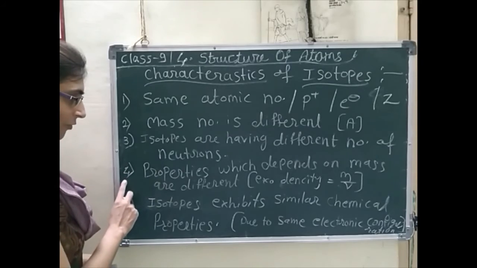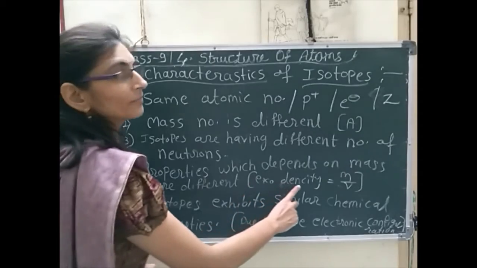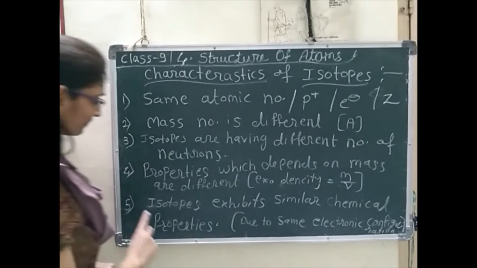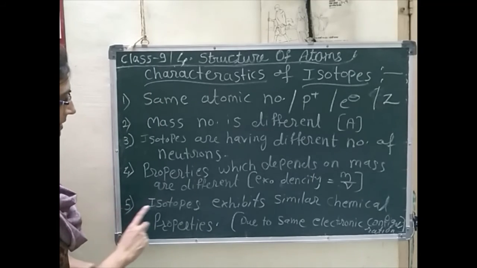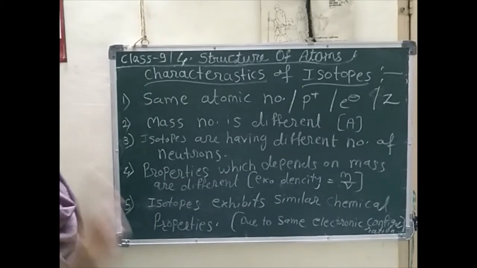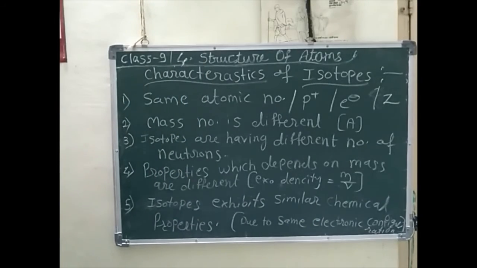Fourth, properties which depend on mass are different, like density, that is mass by volume. Fifth, isotopes exhibit similar chemical properties, and it is due to same electronic configuration. Note down all that. These are very important for writing differences also, or for knowing what isotopes are.